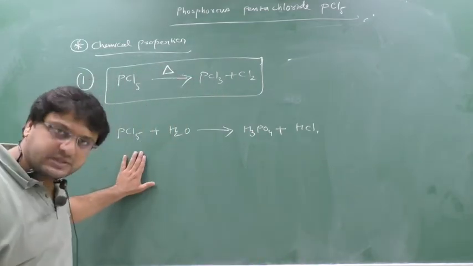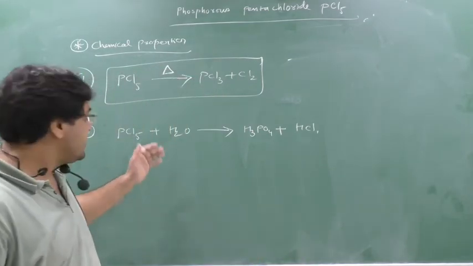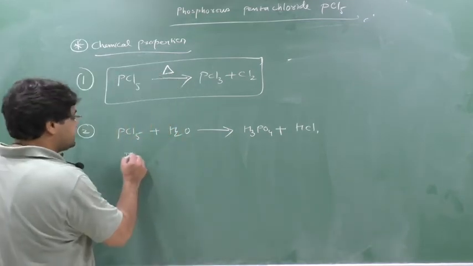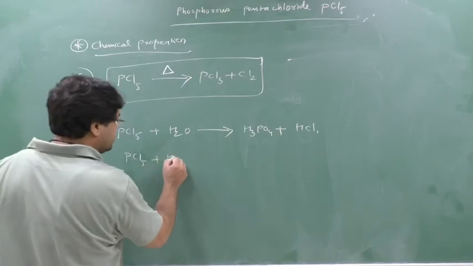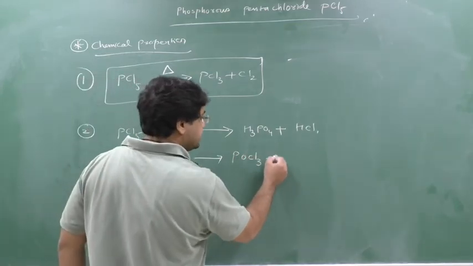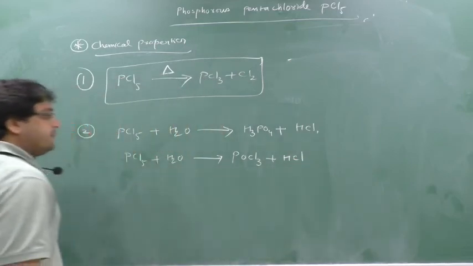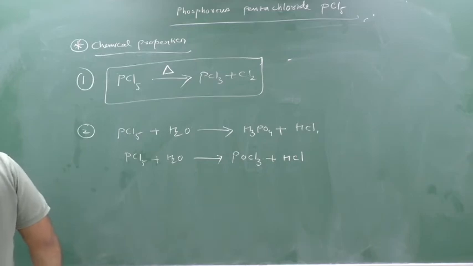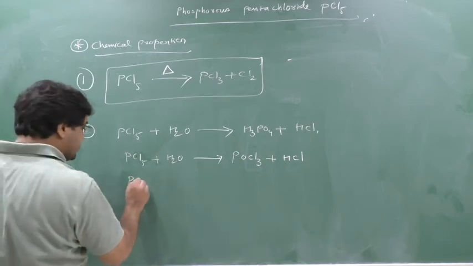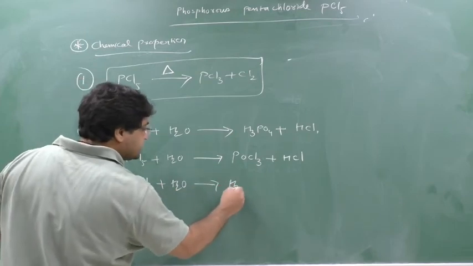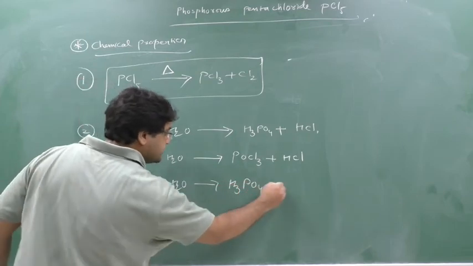But this reaction is not a single step reaction. This reaction is a two-step reaction. How? See, first what happened? First PCl5 will react with H2O and form POCl3 plus HCl. POCl3 means phosphorus oxychloride. Now this POCl3 will further react with H2O and form H3PO4 plus HCl.